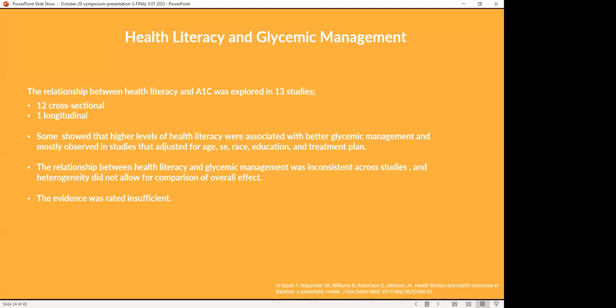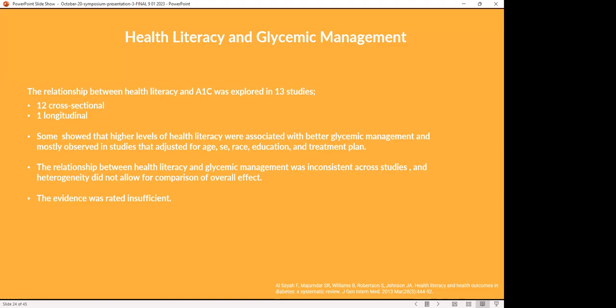And some showed that higher levels of health literacy were associated with better glycemic management, mostly observed in studies that adjusted for age, sex, race, education, and treatment plan. And some of them were inconsistent, and the evidence was rated to be insufficient.